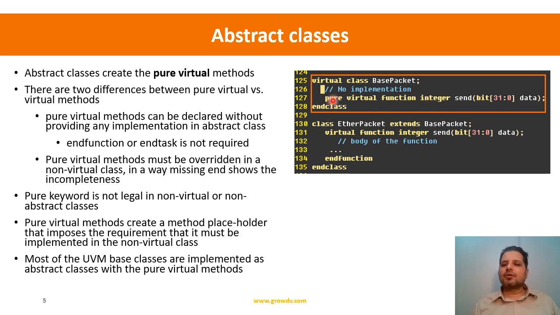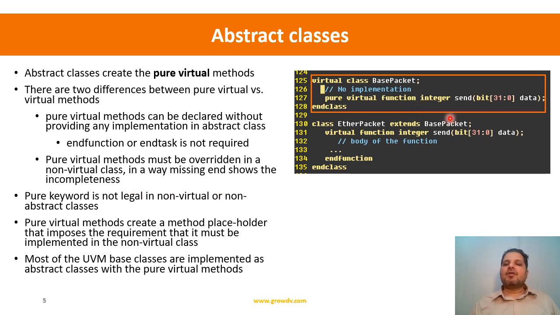But when you use it with pure, you don't need to provide any end function or end task. What this means is that if I have declared an abstract class and I am declaring a pure virtual method in it, then, if there exists a derived class, that class must implement this particular pure virtual method. That's what it means.